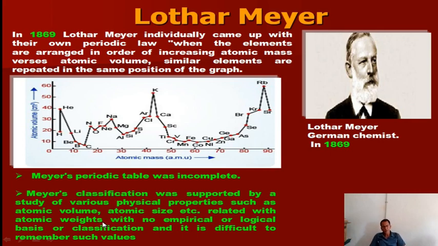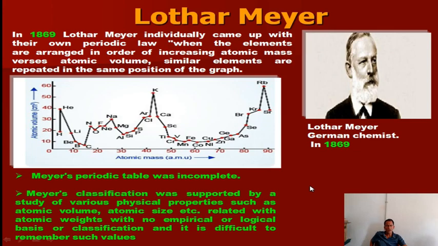So many properties were considered to compare with the atomic mass, and it was difficult to remember the properties of elements systematically. So this is one important drawback: he considered many properties to compare with the atomic weight. That's why this law was not accepted 100% by modern scientists.